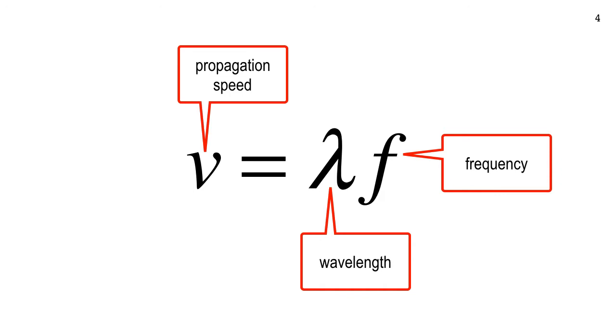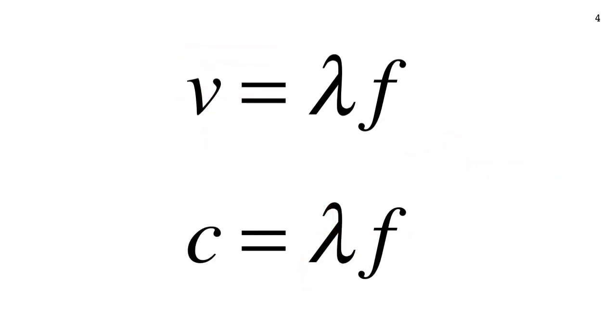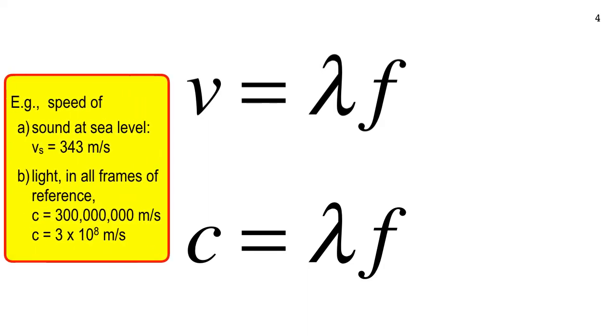Now, light has its own wave equation, and it's the same basic structure. C equals lambda F. C is the symbol customarily used for the speed of light. And the speed of light is about 300 million meters per second. Whoa.